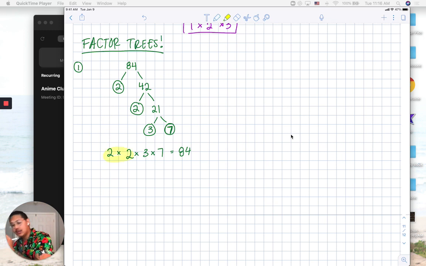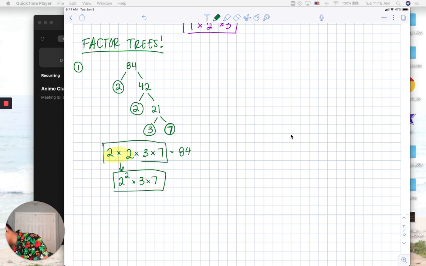Yes, I do. I have 2 2's, so I can rewrite this as 2 to the 2nd power, because I multiply 2 twice, and then I just copy everything else down, times 3 times 7. So this is an acceptable answer, and so is this. And there you have prime factorization.